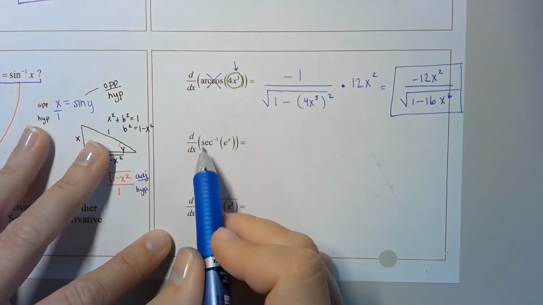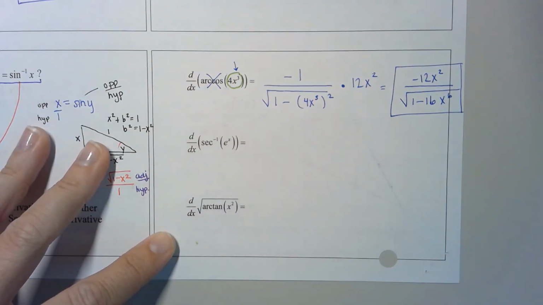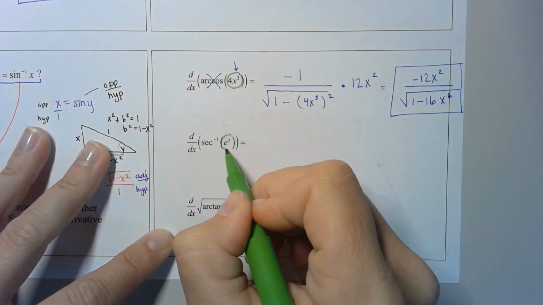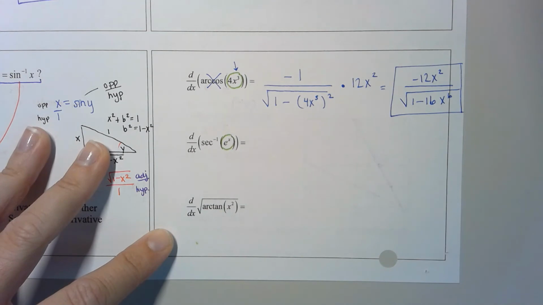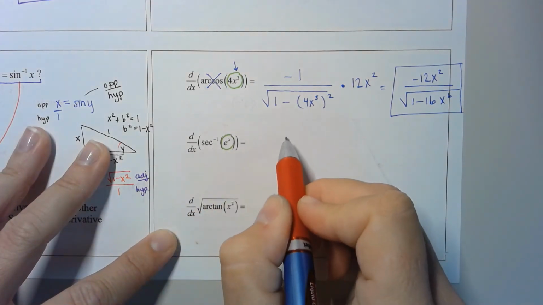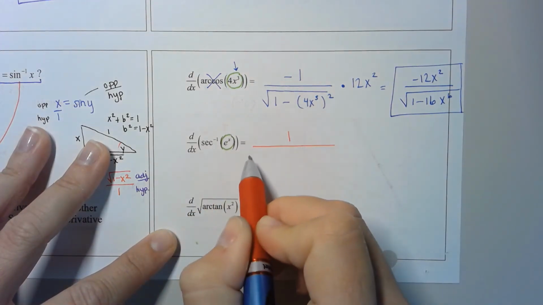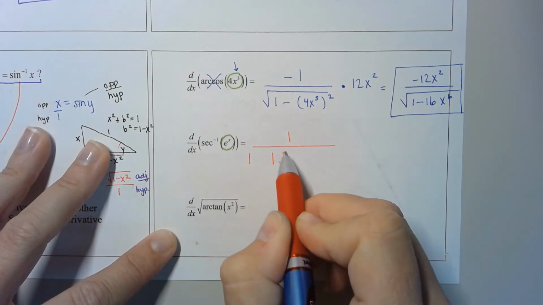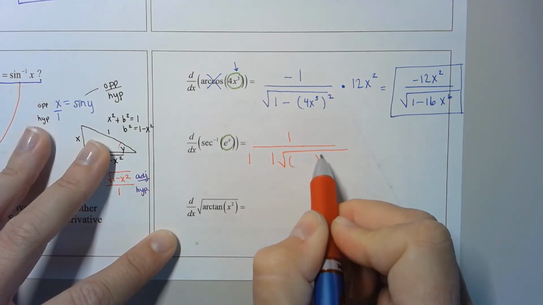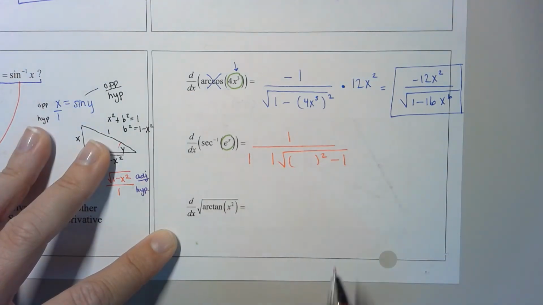Take the derivative of inverse secant of e to the x. So again, this is my u. That's what's on the inside. So I'm going to start with a template. Inverse secant is 1 over the absolute value of blank times the square root of blank squared minus 1. There's my template.